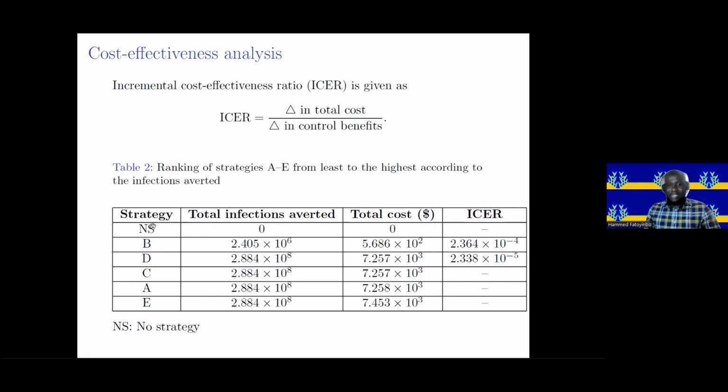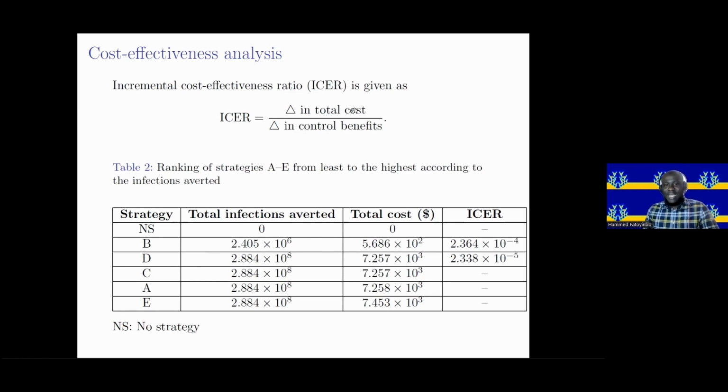NS corresponds to where there is no strategy being applied in the model, while we have strategy B up to strategy E. The total infections averted for each of the strategies is what is listed here. We see that strategy D and strategy E have the same total infections averted, apart from strategy B. And this column here corresponds to the total cost for each strategy.